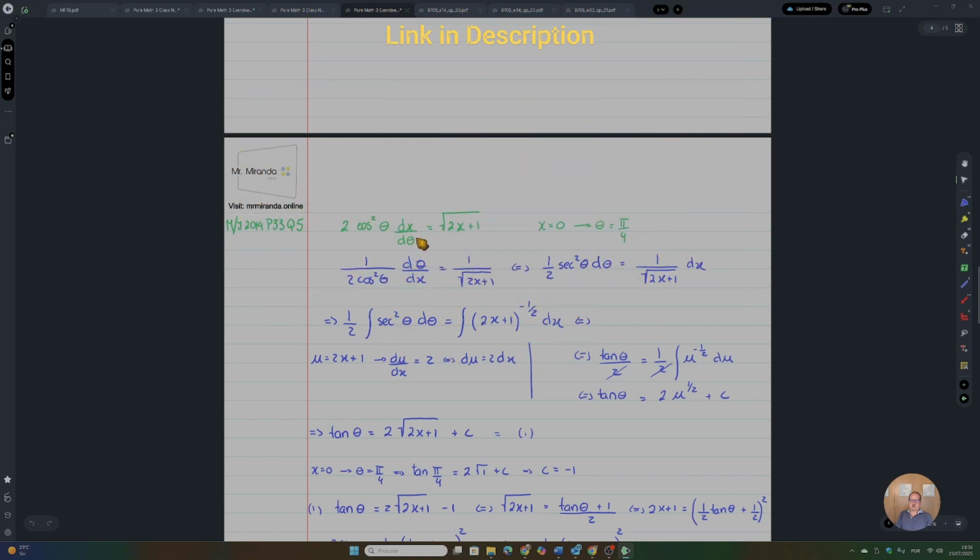The problem is that if you try to send this to the other side, you're not accomplishing that. Ideally, this dx would be in the denominator, and then you could send it to the other side, and the theta would be over there. Well, you can just do that. Just invert the whole thing over here.